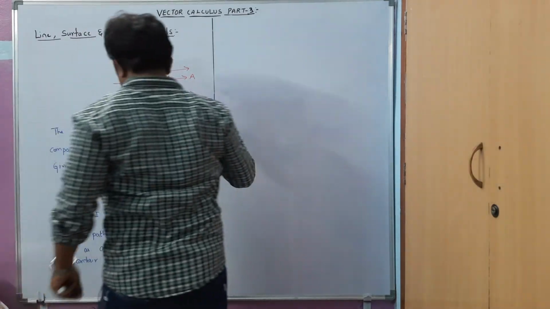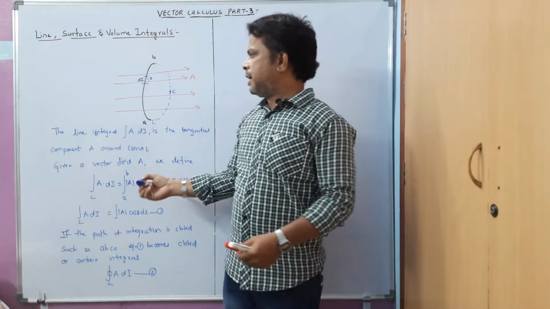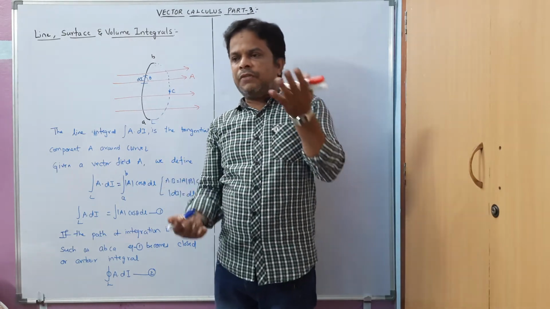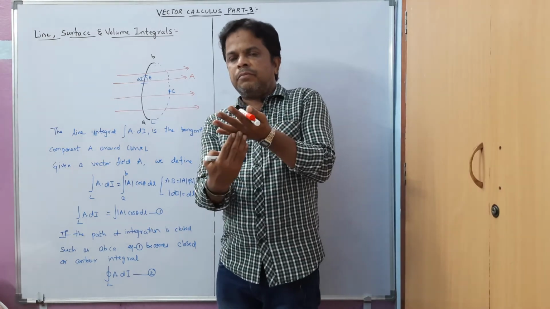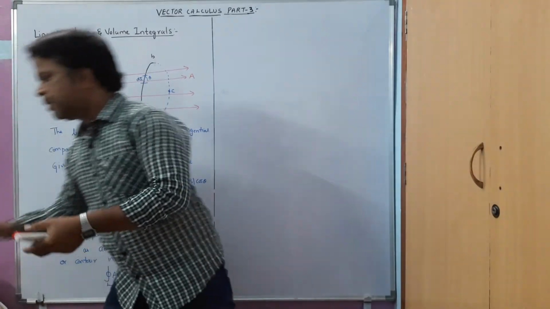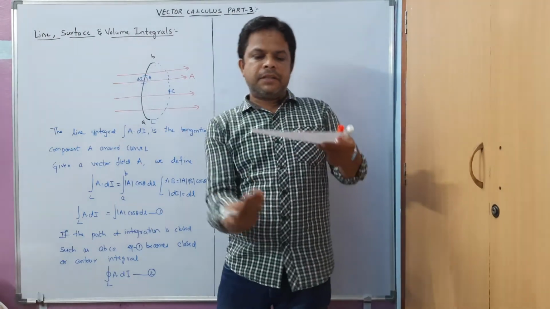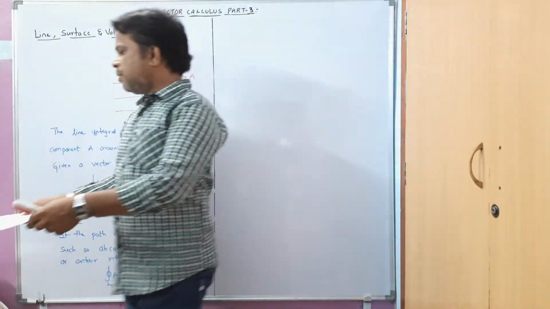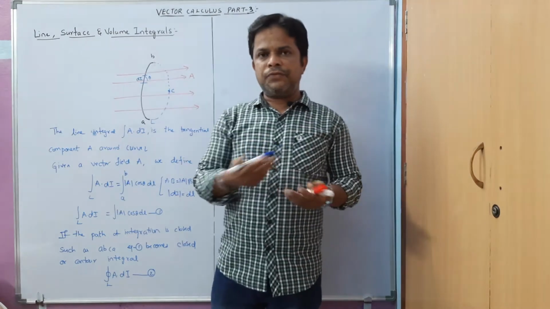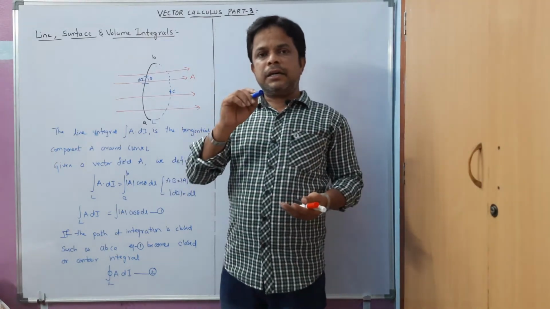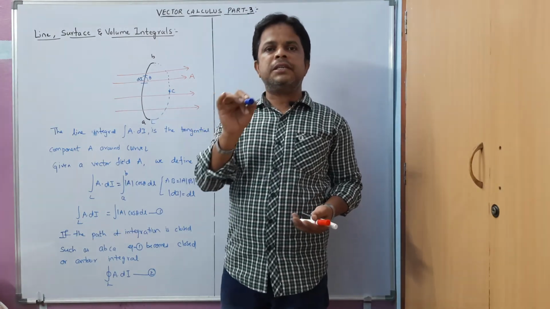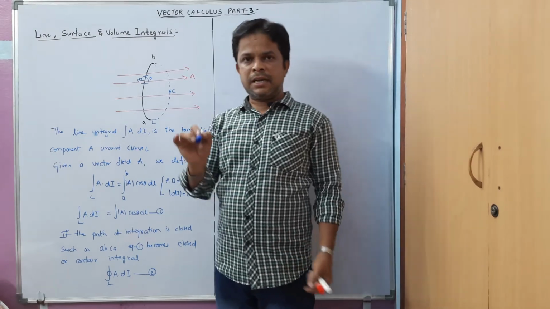So this is about the line integral. Suppose you have a smooth area S, and the vector field is flowing from bottom to top. If I take a paper like this as a smooth area and the vector field flows normal to the sheet or surface, then the dot product between the vector field and the small differential area is given as the surface integral.